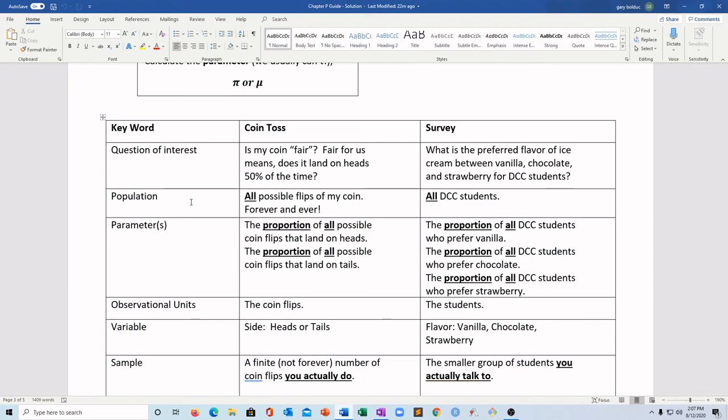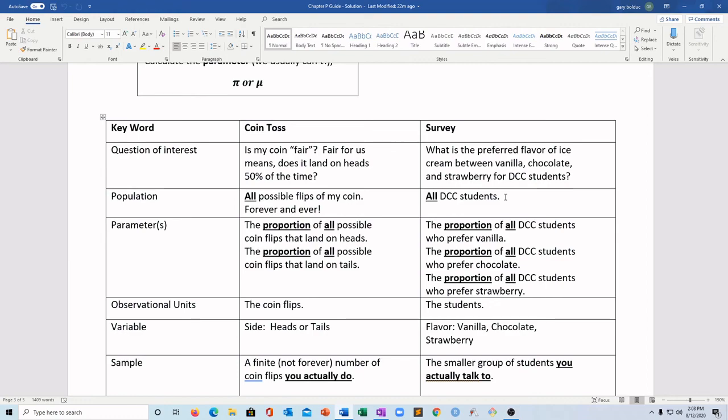In order to know that a coin is truly fair, we would technically have to flip it forever. But we don't have time to do that. So this is an example of the population: I've got to flip it forever, all the coin flips. But I can't do that, so I'm going to need to figure out something else. Okay, switch gears again. For the population of DCC students, well, I want to know about their ice cream preferences.